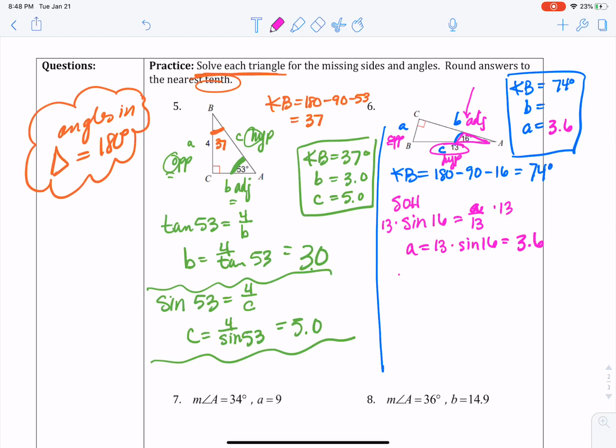So adjacent over hypotenuse is ka. So cosine 16 equals adjacent, which is B, over 13. Multiply both sides by 13. I get B equals 13 times cosine of 16, which is 12.5. And I write that up in my little box.